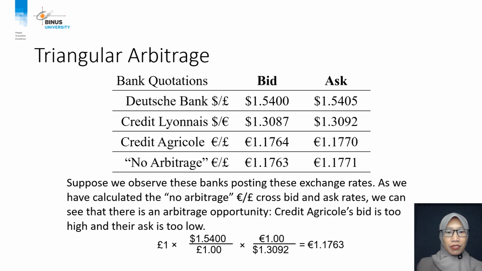Now we have triangular arbitrage. Triangular arbitrage involves a cross rate. Here we have three banks: Deutsche Bank, Credit Lyonnais, and Credit Agricole. To calculate the no-arbitrage bid, you divide the Deutsche Bank bid price by the Credit Lyonnais ask price. This is the cross rate for the no-arbitrage bid price, 1.1763.